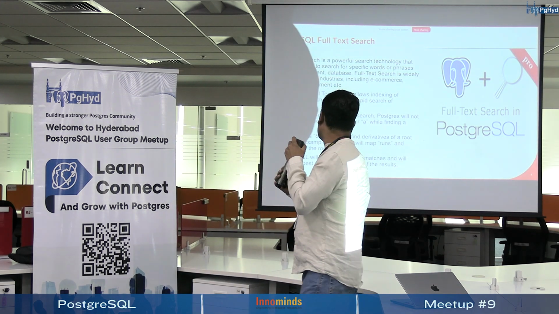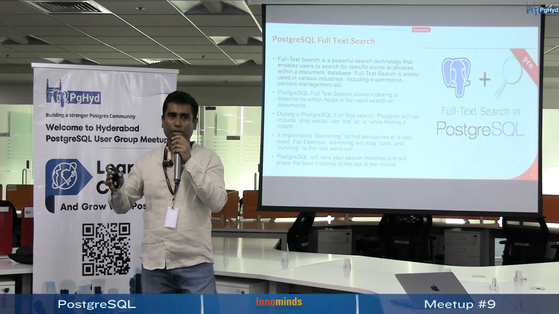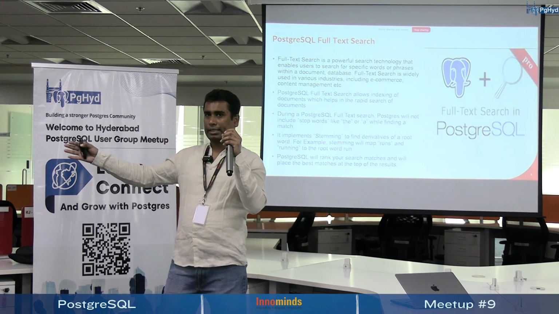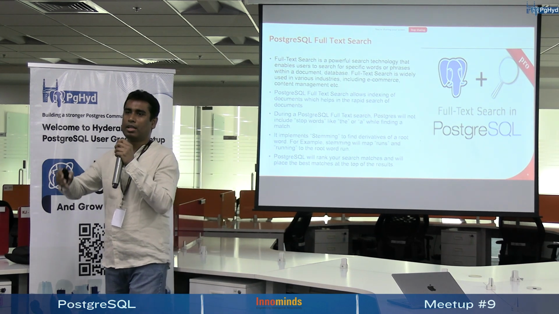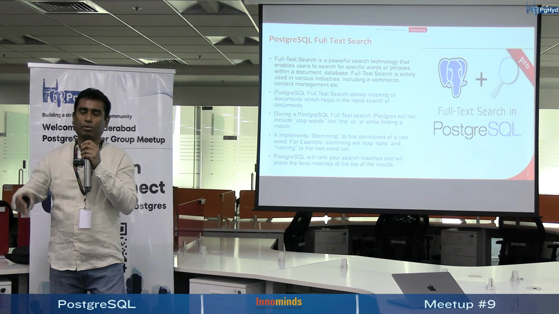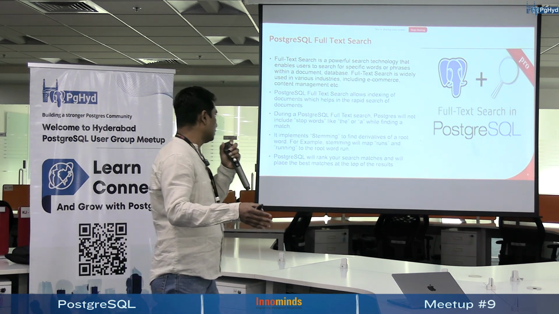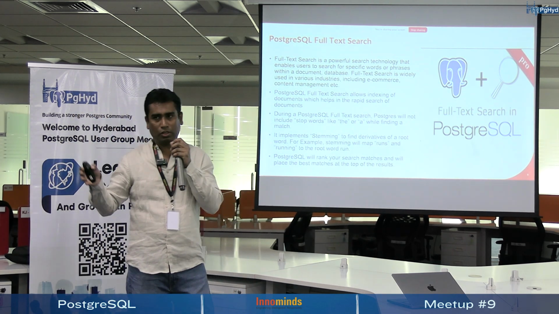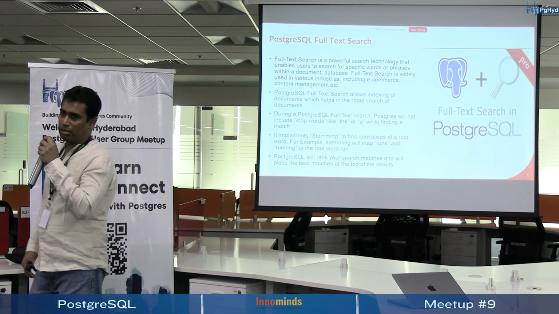I'll give you some idea. If you are going to search in a big text, say one or two lines, maybe 20 words or maybe hundreds of words, Postgres full text search is not going to search all those words. There are some stop words. What exactly is a stop word?